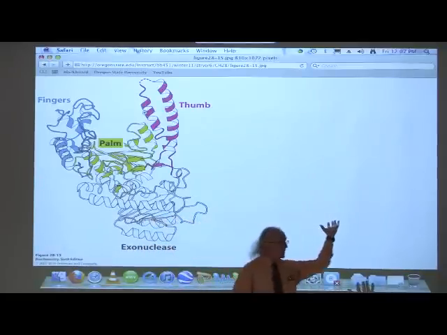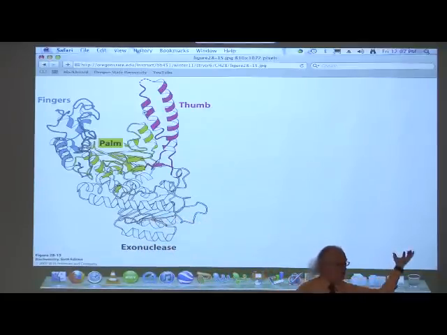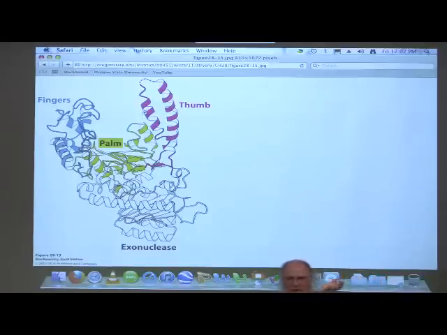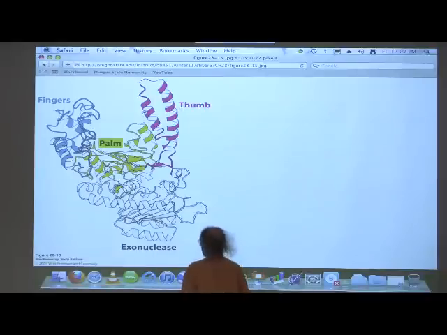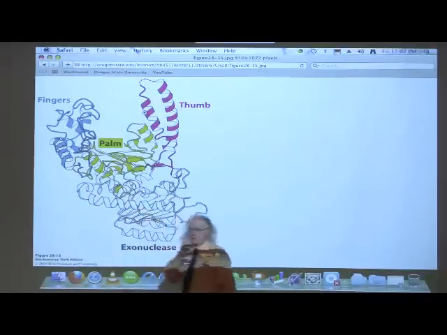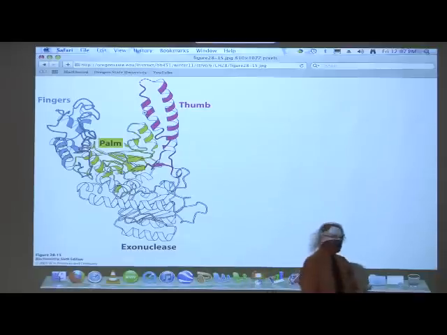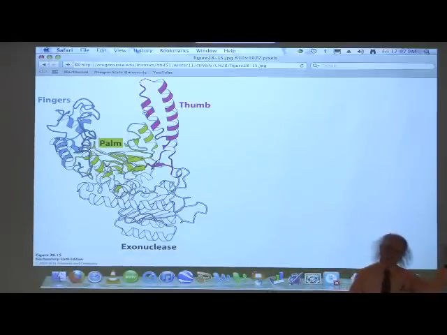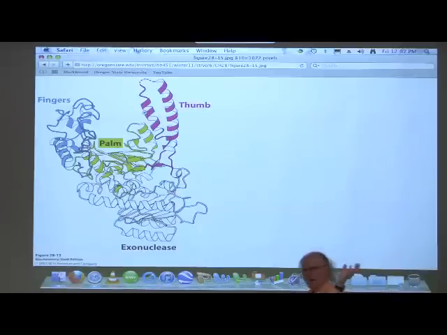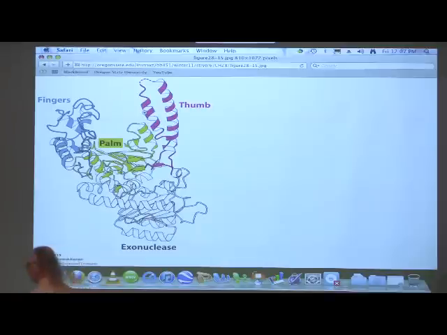So as it goes, replicating DNA, it basically goes sliding along it like this. Now, it turns out that this particular enzyme, DNA polymerase I, doesn't hold on to DNA very well. It moves along, and then it falls off. It moves along, gets back on, moves along, and falls off.